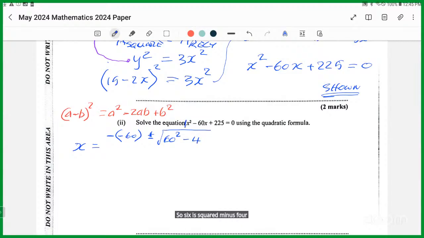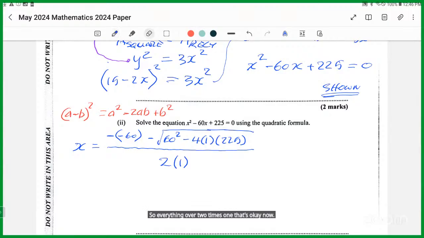The a is 1, the coefficient of x squared here is 1. Times c, the c is 225. And remember, don't put this part alone over the 2a. It has to be everything over the 2a. The a is 1, so everything over 2 times 1.